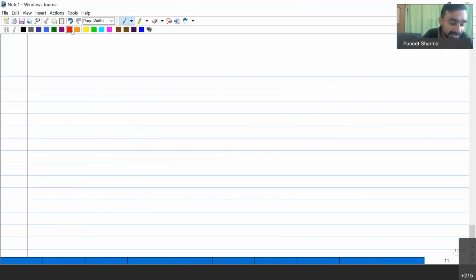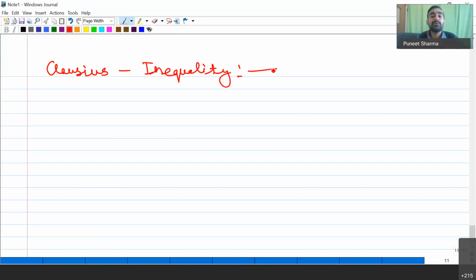Let me first tell you about the Clausius inequality before jumping into the concept of entropy, because the Clausius inequality is very, very important in defining the new thermodynamic property, entropy. We have seen in the second law of thermodynamics that majority of the time, whatever we derive from the second law, everywhere we have inequalities.